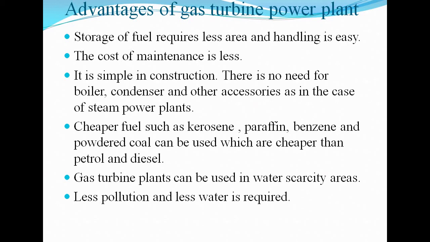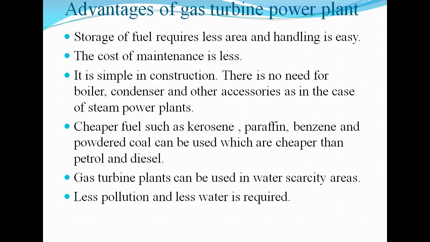Now the advantages of a gas turbine power plant. Storage of fuel requires less area and handling is easy in the case of a gas turbine. So the cost of maintenance is less. It is simple in construction and there is no need of a boiler, condenser and other accessories as in the case of a steam power plant.